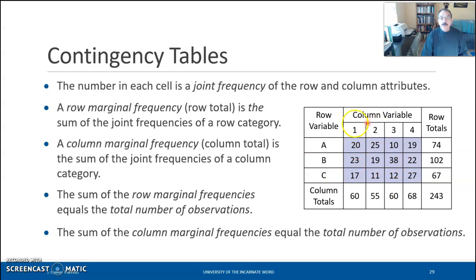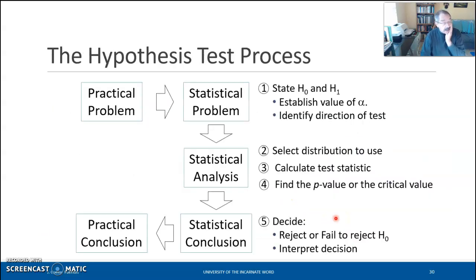All right, so we're going to look at these tables in 2 possible ways: as a test of dependency between the column variable and the row variable, or as a homogeneity of the columns across the row categories. Again, because we're performing a test of hypothesis, we will follow the 5-step process.